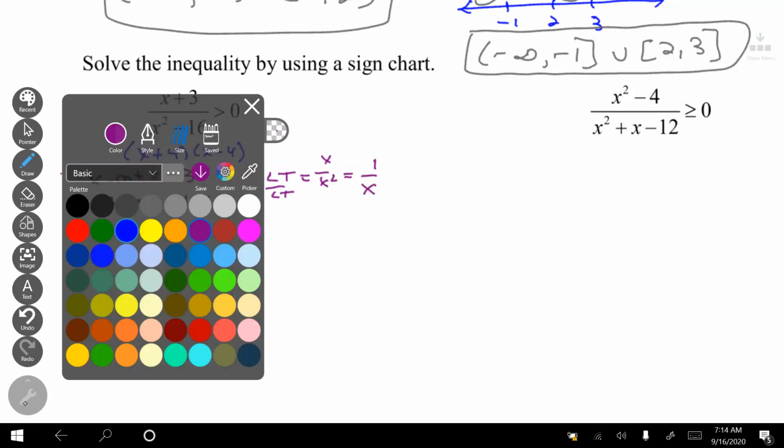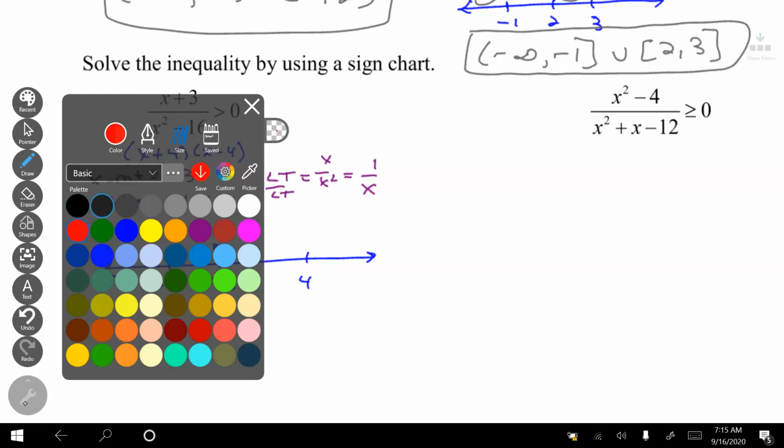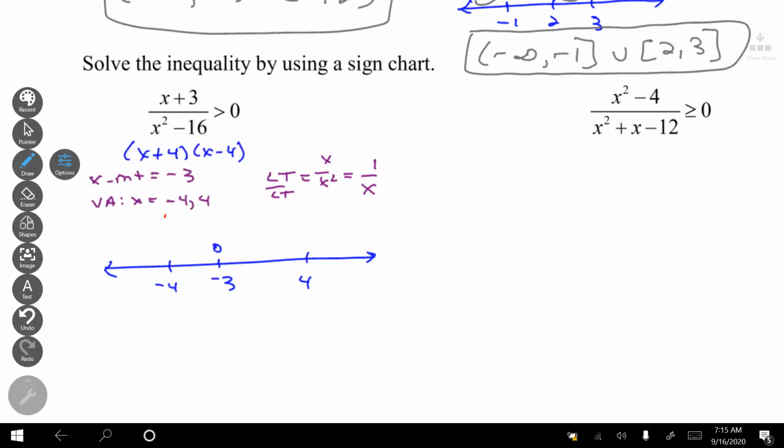Okay, so I'm going to set up a number line. Like I said, I don't care about the spacing. -4, -3, and 4. -3 is a 0. But -4 and 4 are VAs. My leading term is 1. This is a positive 1.